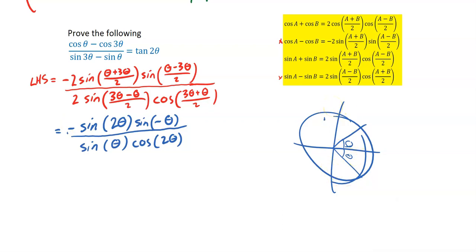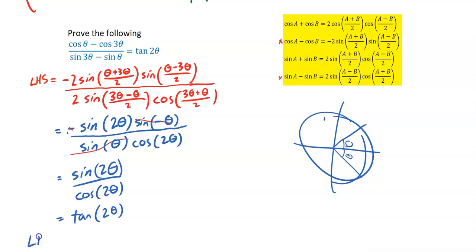All of that is to say that we can now cancel out this in conjunction with that and that, which will give us sine 2 theta over cos 2 theta, which is, of course, pretty much the end of the game because sine 2 theta over cos 2 theta is equal to tan 2 theta. Therefore, the left-hand side does, in fact, equal the right-hand side, and this thing has been proven.